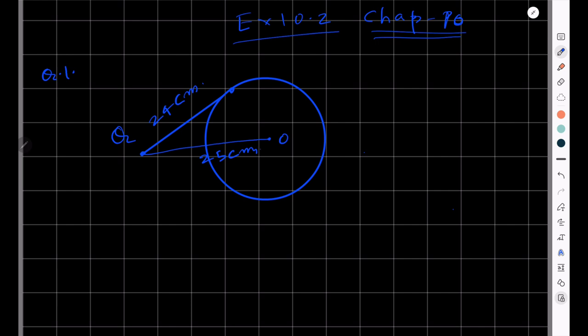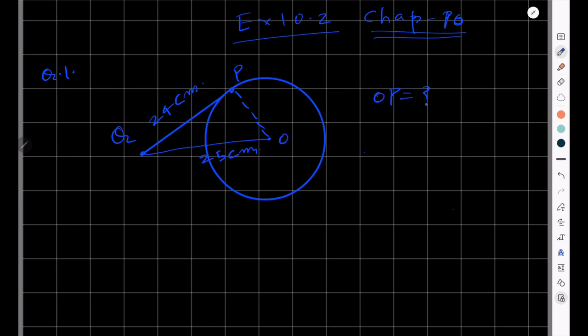It is asking the radius of the circle, which means this length. Let this point be called P. So OP will be the radius. This is what we need to find.